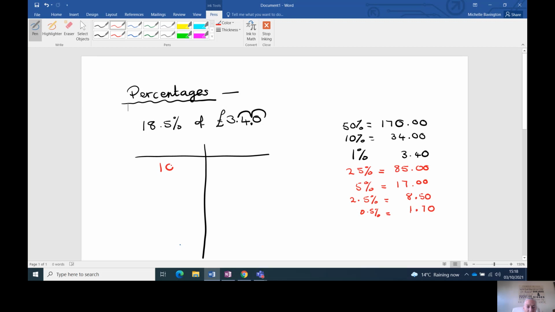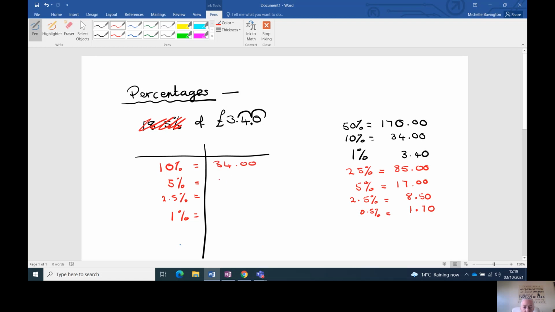Well, definitely a 10%. I could do a 5%, a 2.5%. That gives me 17.5. Oh, and a 1%. Right, let's just check that. 10, 15, 17.5, 18.5. So my 10 is £34.